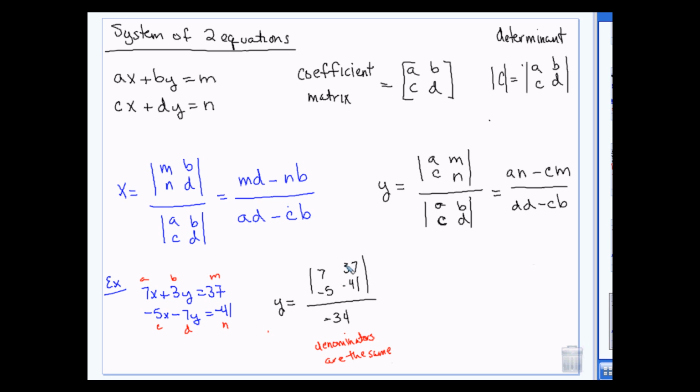Yeah, that's negative 41. So then I do 7 times negative 41 minus negative 5 times 37. And like I said, the denominator I already had done, so I already know it. This is going to be negative 28. And 41. Sorry, thank you. Oh, darn it. My eraser's too big. That is not going to be 28.